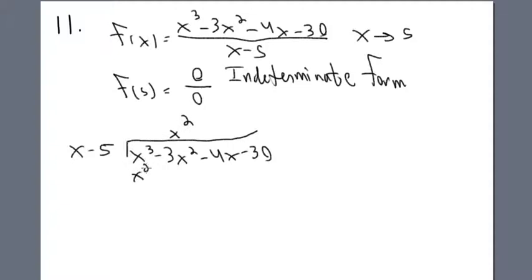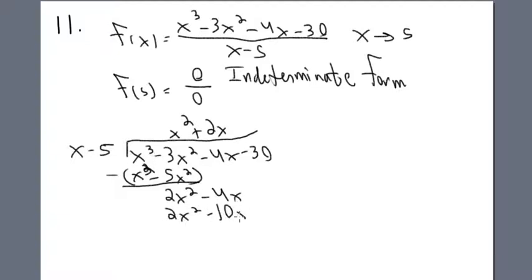So I have x cubed minus 5x squared. Subtract. I get 2x squared, and then bring down the minus 4x. To make 2x squared out of x, I multiply by 2x, so 2x squared minus 10x.